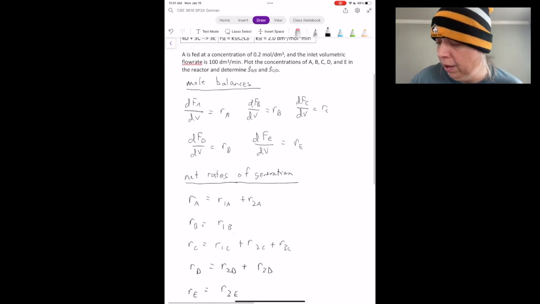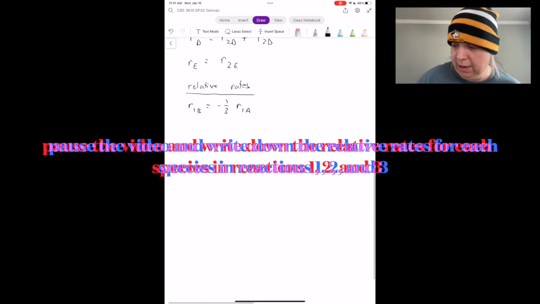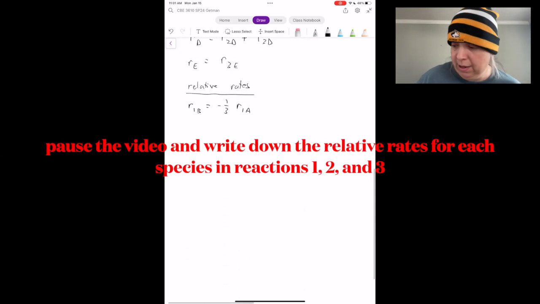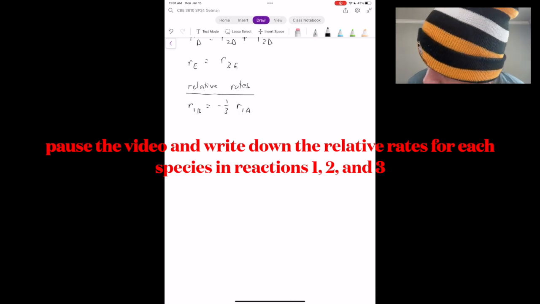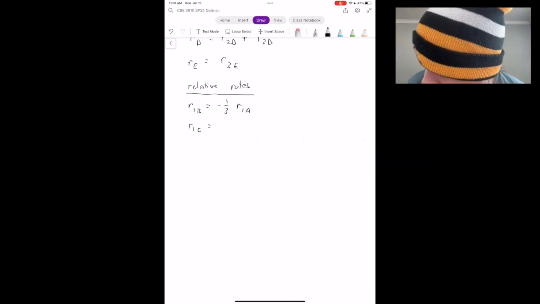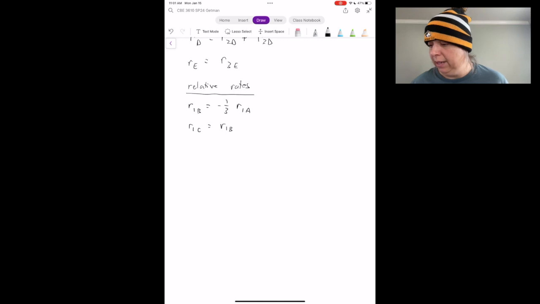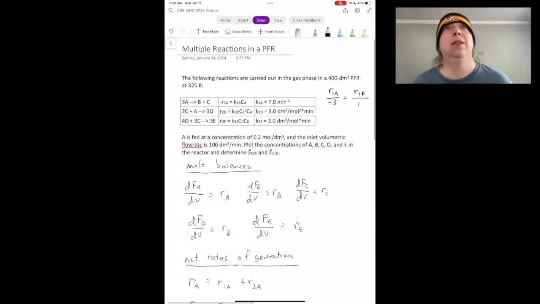And I can do that for all of the different species. So for example, R1C is going to be equal to R1B because B and C are formed in the same ratio in reaction 1.